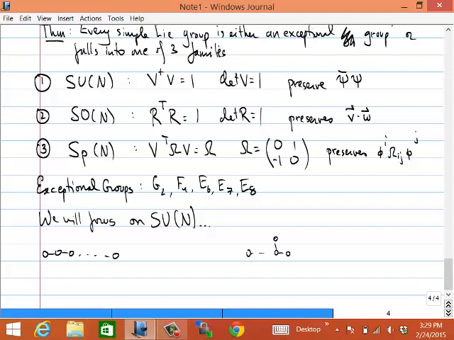So this is not something we need to talk about in this class, but the way that this theorem is proved is it follows from the classification of some sort of combinatorial data associated with the group, and that turns into a classification of a certain set of diagrams known as Dynkin diagrams. It turns out that that classification of Dynkin diagrams is a classification problem that appears all over the place in mathematics.